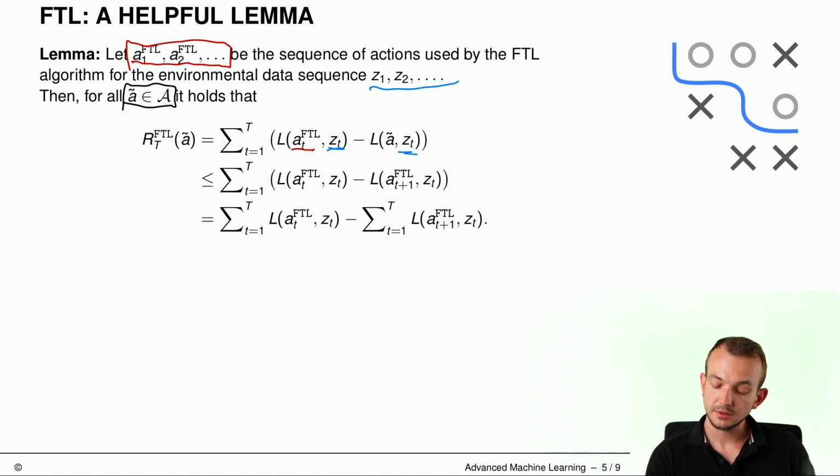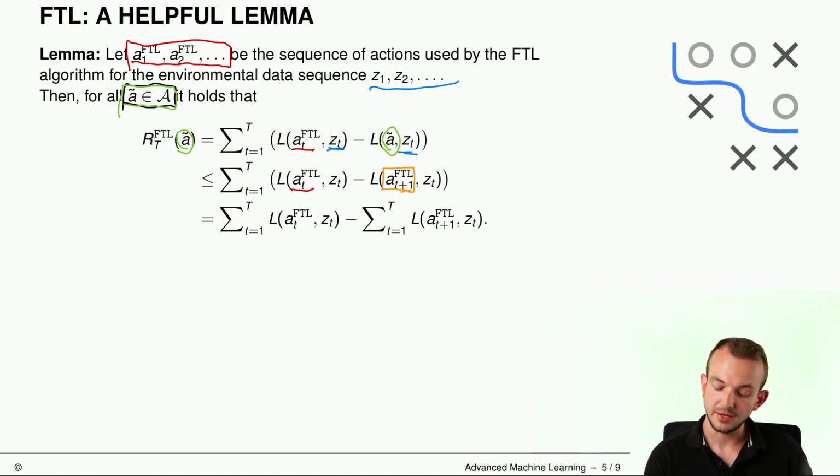And now we ask, well, what would have been the cumulative loss if we would have used this competing action A tilde throughout the time? And then we can show that this here is actually bounded by the cumulative loss of the follow the leader algorithm as it is, and the follow the leader algorithm, if we would know one data point in advance.